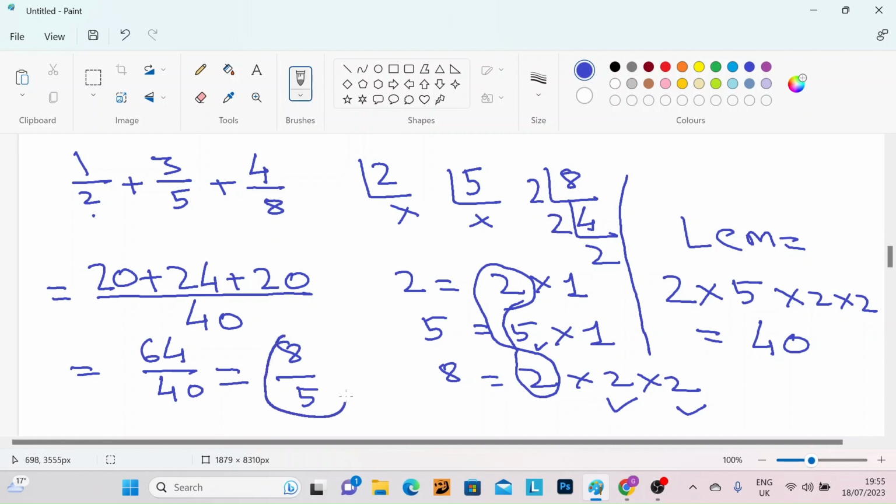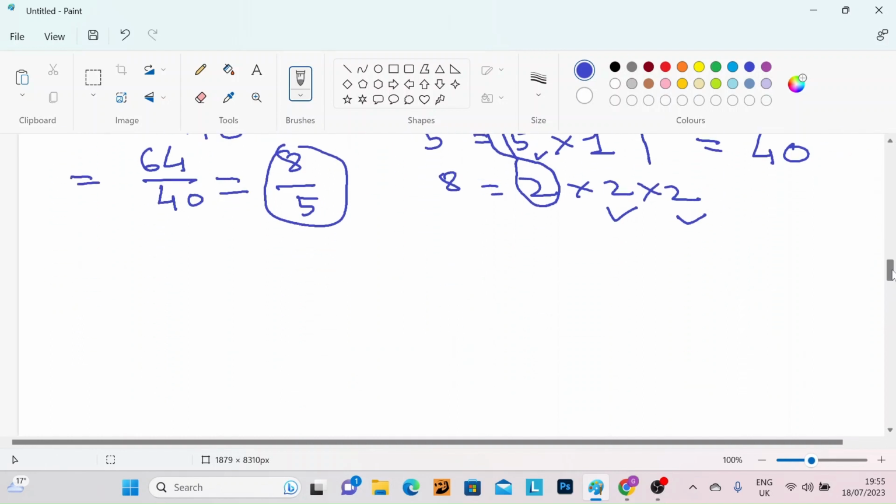Now, this is an improper fraction, 8 by 5. So we can convert it into a mixed number by dividing 8 with 5. How many times the whole set of 5 is there in 8?